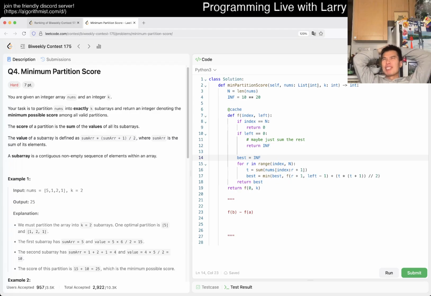Or is it a prefix sum of prefix sum? Actually, do I know how to do this?